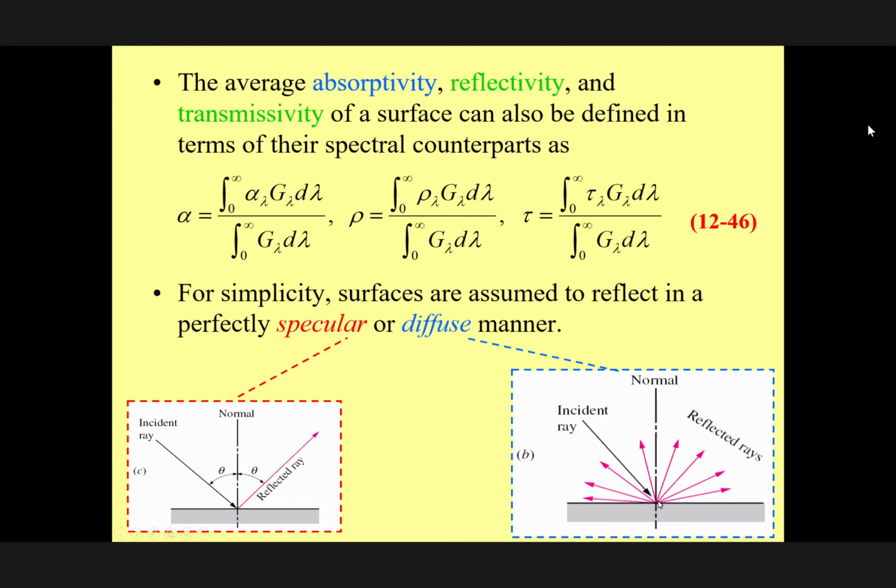As I mentioned, diffuse means the surface reflects the same in all directions. When we say specular, it means that energy comes here, this angle is equal to this angle, reflected back, okay? Therefore, these are the two surfaces. Most of our applications, we assume the surface acts like a diffuse one, okay?